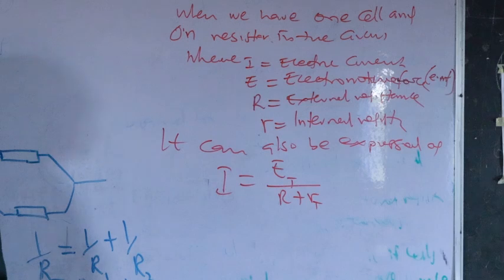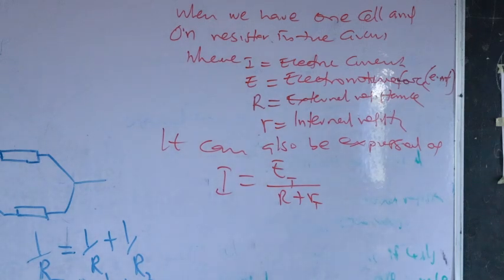When we have 2 or more cells and 1 resistor. When you have 2 or more cells, you know internal resistance comes from the cell. E total comes from the cell. Once you have 2 cells, then internal resistance must be total. You have to combine them. But you have 1 resistor, you use that. But if you have more than 1 resistor in the circuit too, you have to find the effective of that. I hope that is clear.